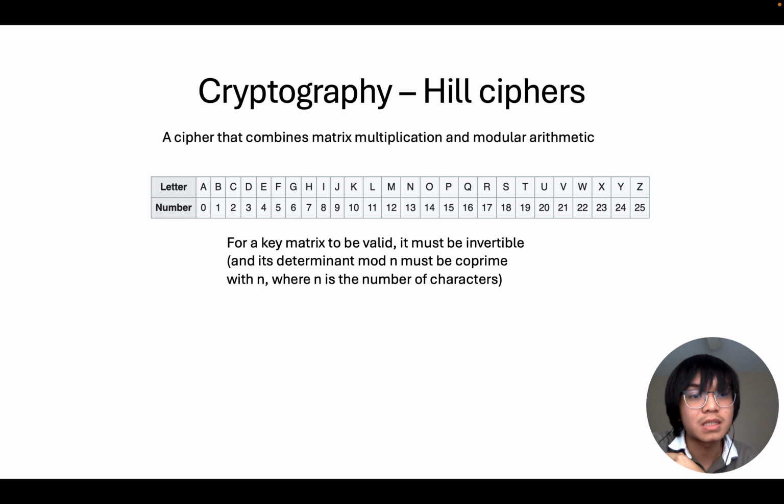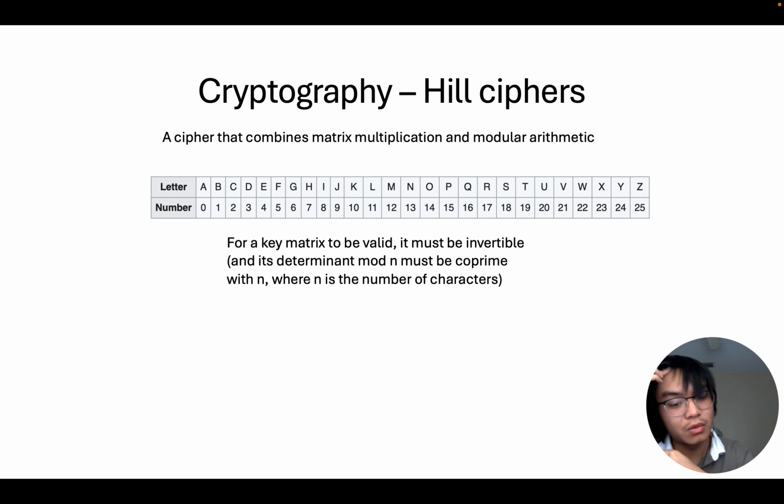It converts your English plaintext into numbers, divides those numbers into separate vectors, and then multiplies those vectors by a key, which is a square matrix, obviously. Out comes another vector, and you turn that back into a letter after doing some modular arithmetic. Then you get some ciphertext that is pretty scrambled.